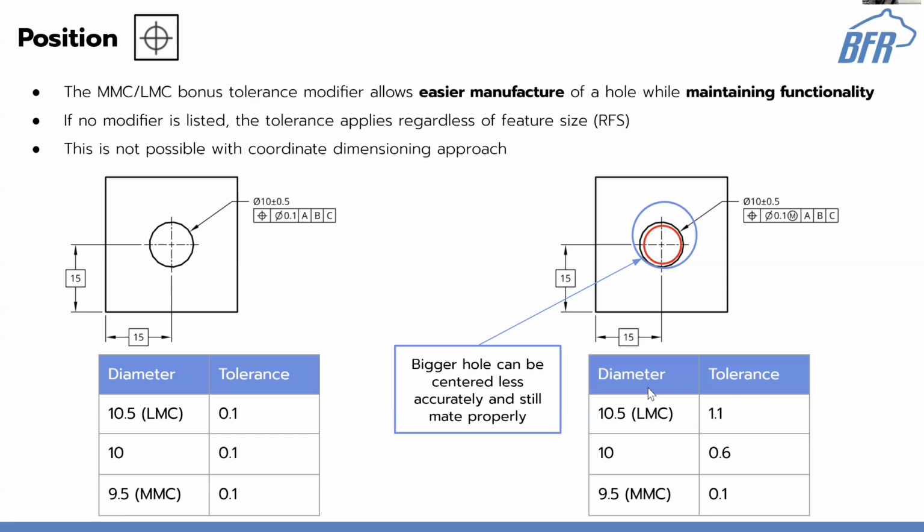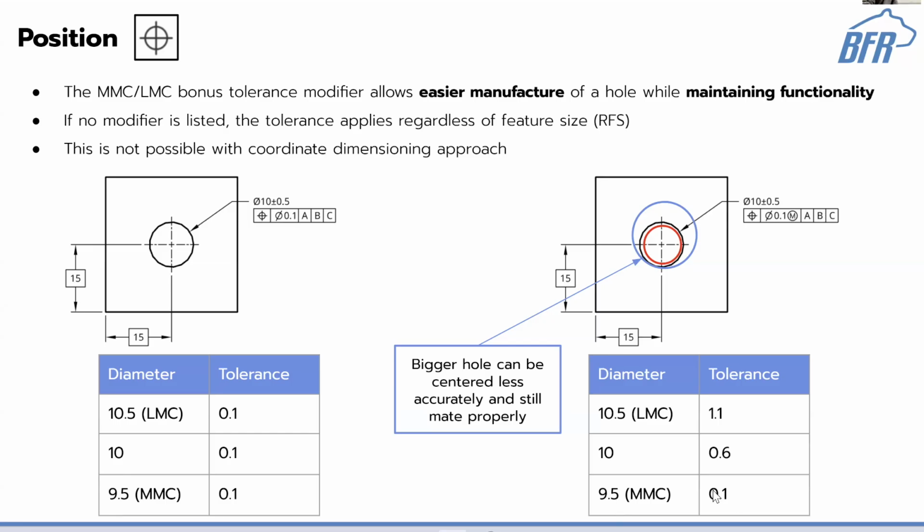If it's now a normal size, it's 0.6. You see across the board, it gives me more tolerance room than only if I have the max material condition, where the hole is as small as possible. That's when I actually have my tightest tolerance.